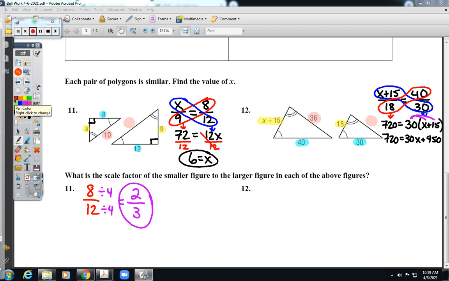Subtract 450 from each side. That's what, 270? So 270 equals 30x, and then divide by 30 gives us 9. X equals 9.